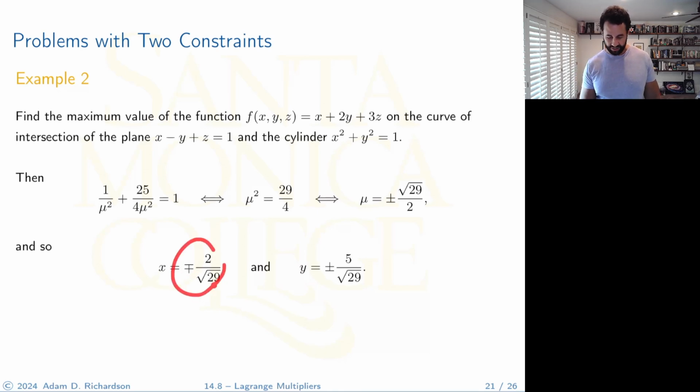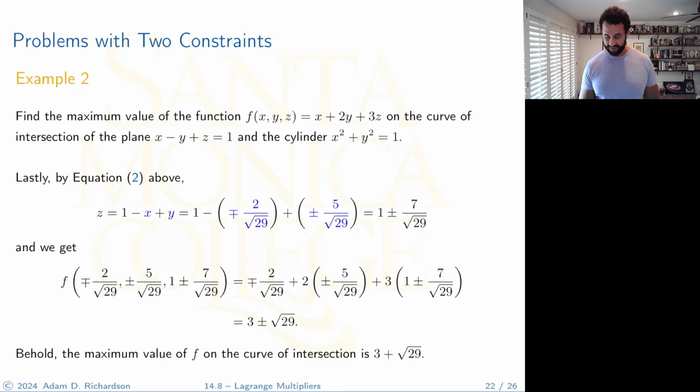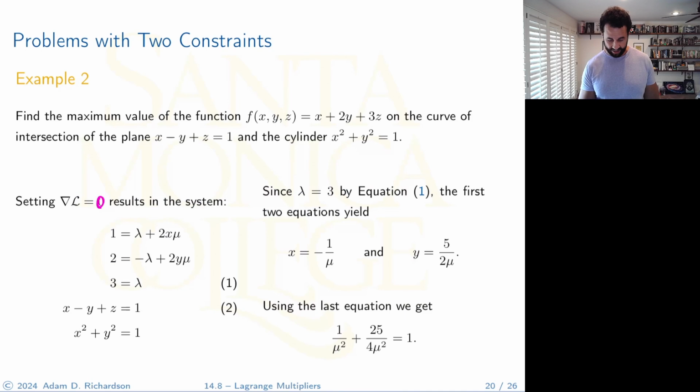So here are the possibilities for x, and here are the possibilities for y. We already know lambda, and we just found two possibilities for mu. Here's where the mess comes in. By this equation right here, we can plug in our possible values for x and y to find what z is going to be.